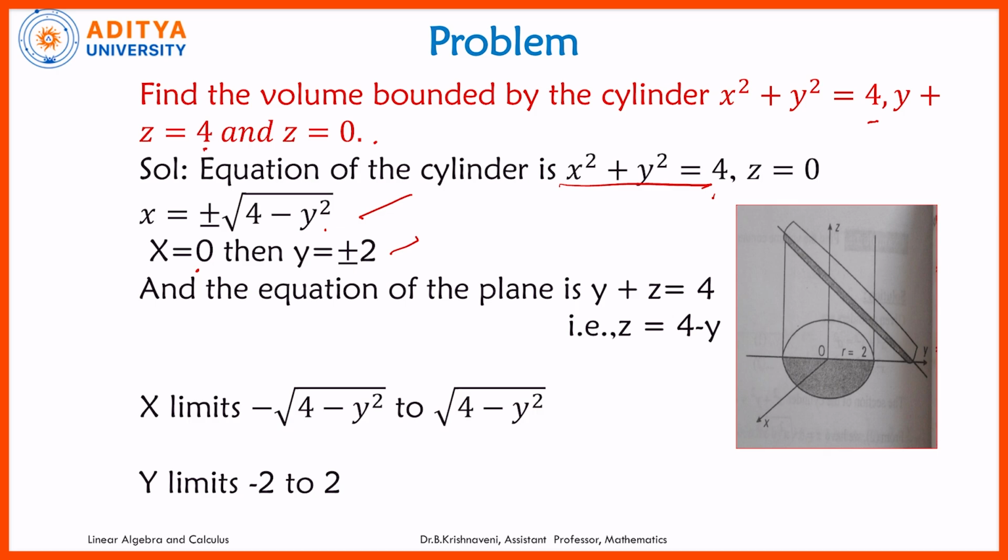The equation of the plane is y plus z is equal to 4, from this z is equal to 4 minus y. So clearly the x limits are minus root of 4 minus y square to root of 4 minus y square, the y limits are minus 2 to 2, and z is equal to 4 minus y. Using all this we need to find the volume bounded by this cylinder.